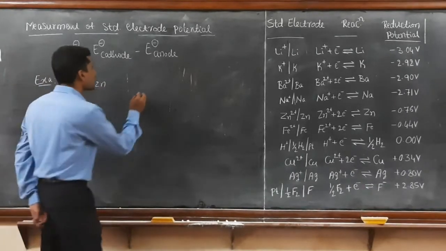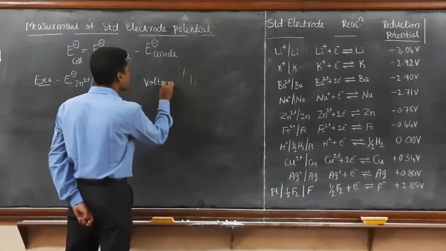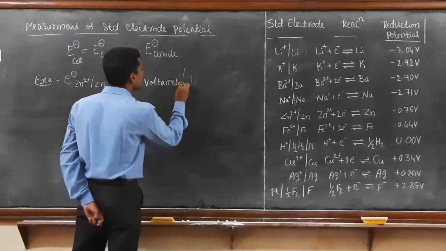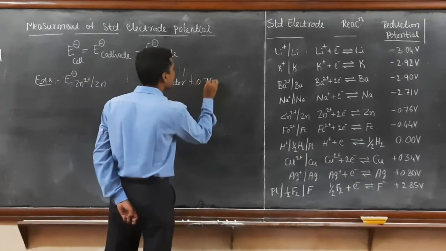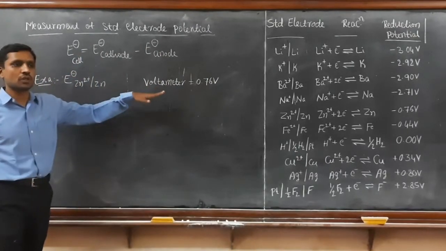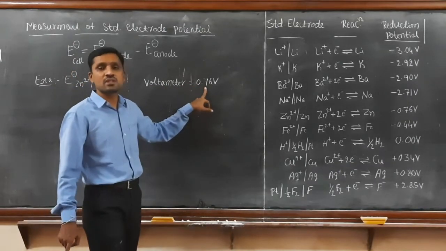The voltmeter shows 0.76 volt when you compare the zinc electrode with the standard hydrogen electrode.